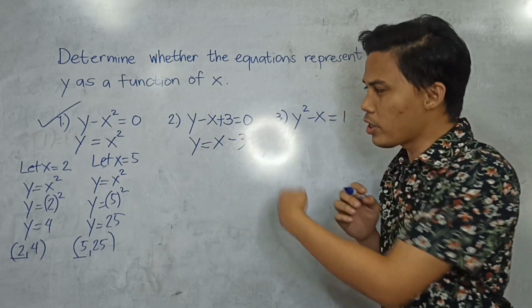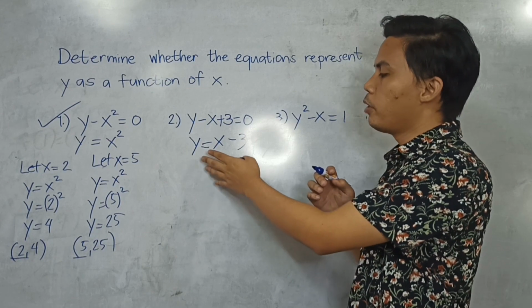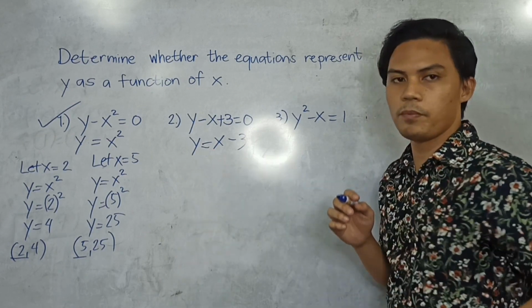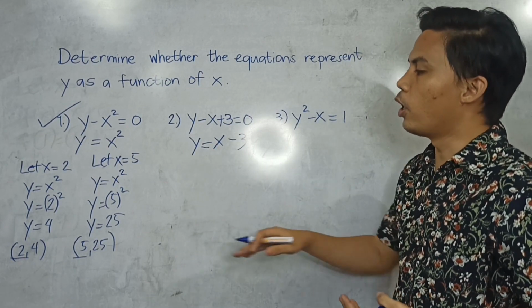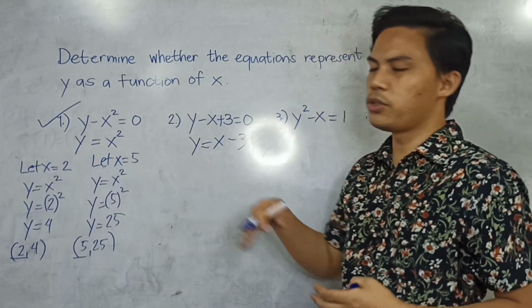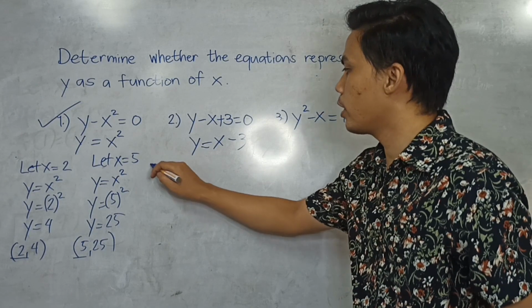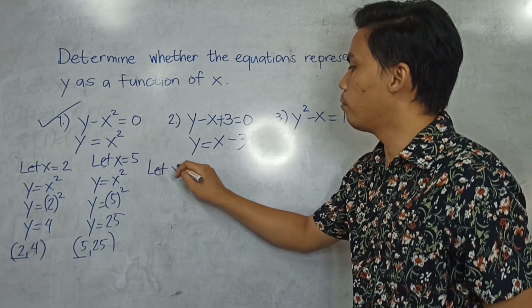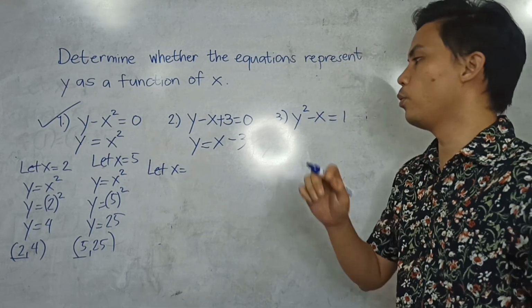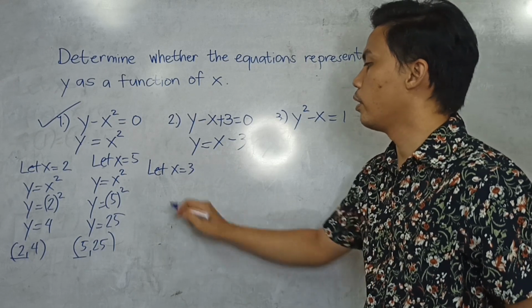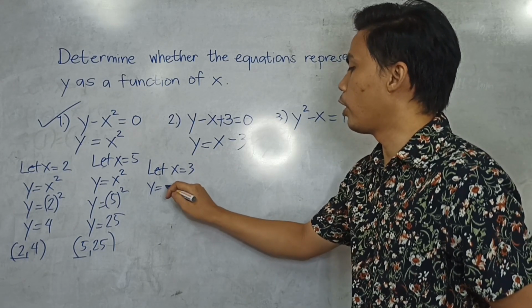After transferring all the variables and numbers except y, we can now substitute any value or values of x. Let us say we have x is equal to 3. So, write the equation.